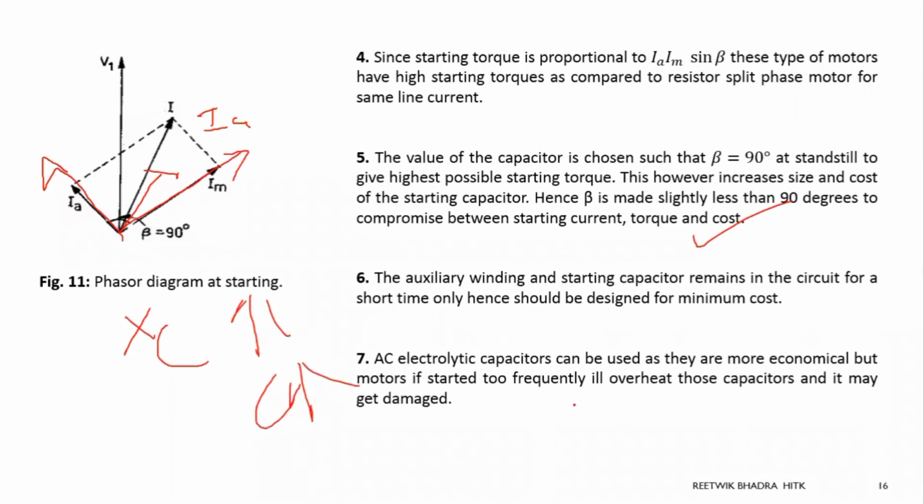So you are taking a large size capacitor, means if it is a 10 microfarad capacitor, or if you are using a 470 microfarad capacitor, obviously the size becomes larger. So in order to bring your beta close towards 90 degrees, you have to increase the size of the capacitor more. So that will increase the cost of the setup.